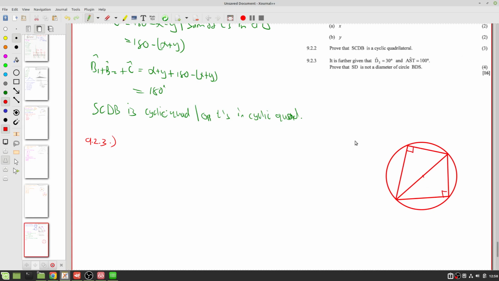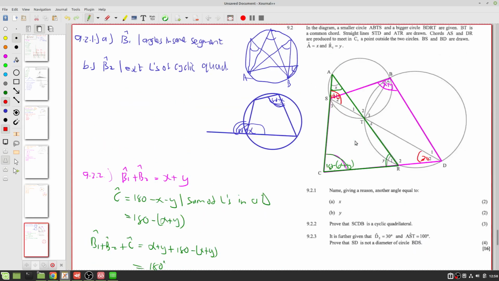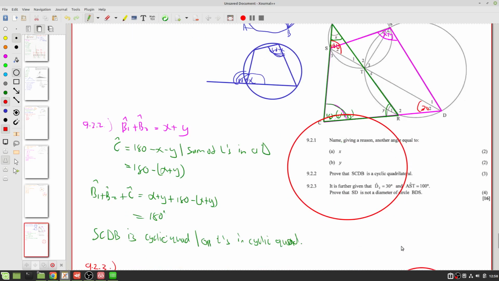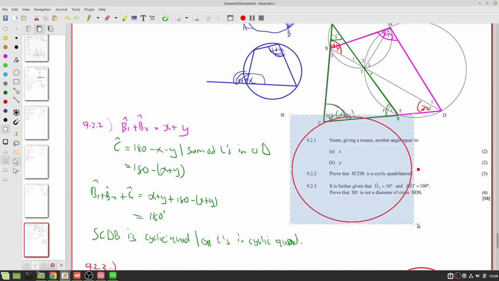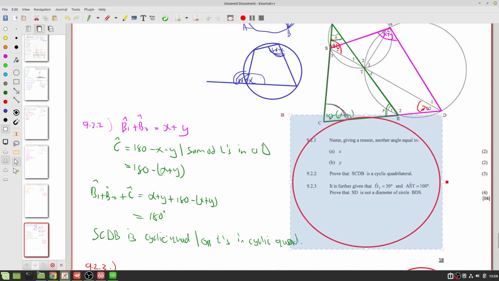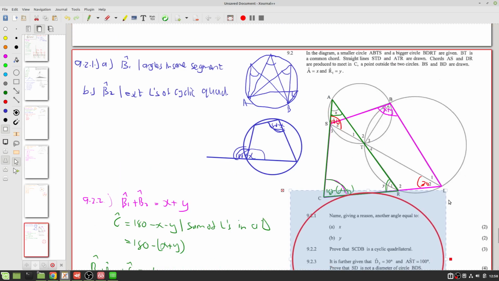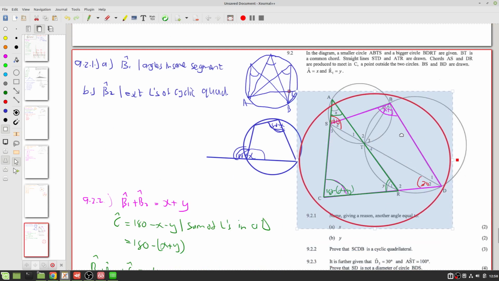In our case, if this is the diameter of a circle, let me see if I can draw a circle that's big enough to cover that. Let's make it slightly bigger. What happens if I draw this over here? Oh no, it's too big.